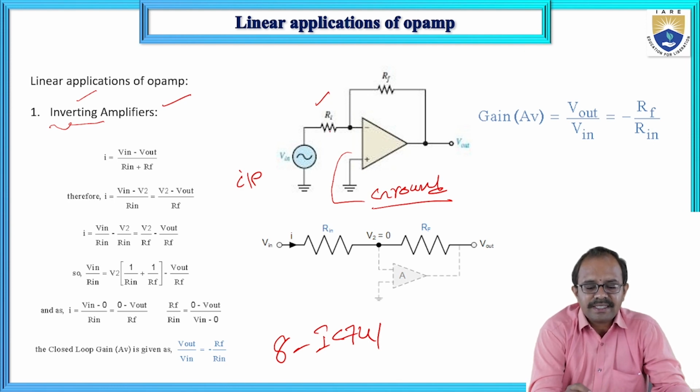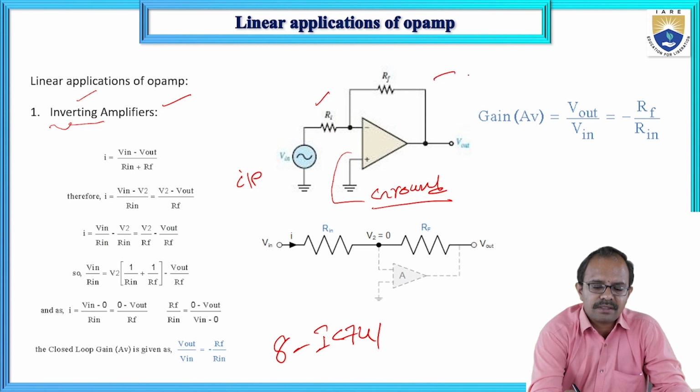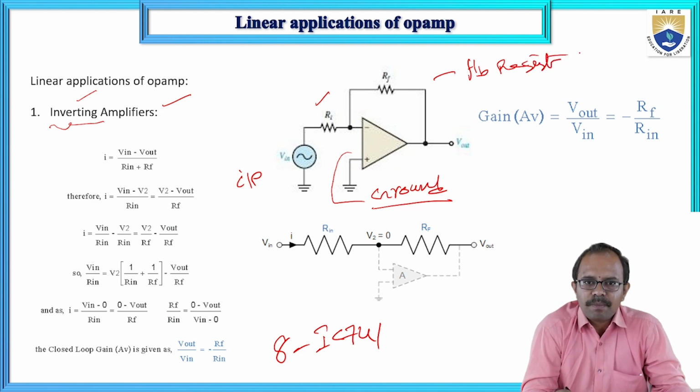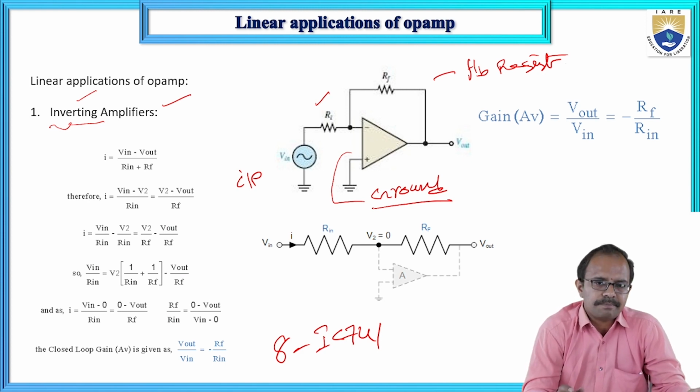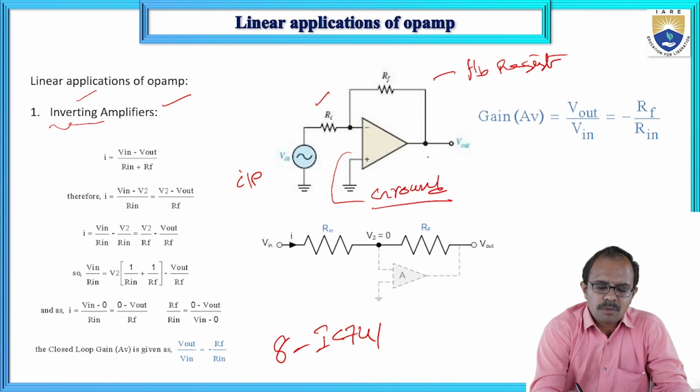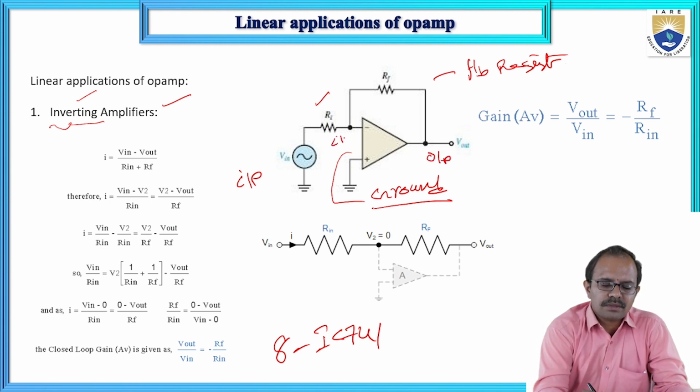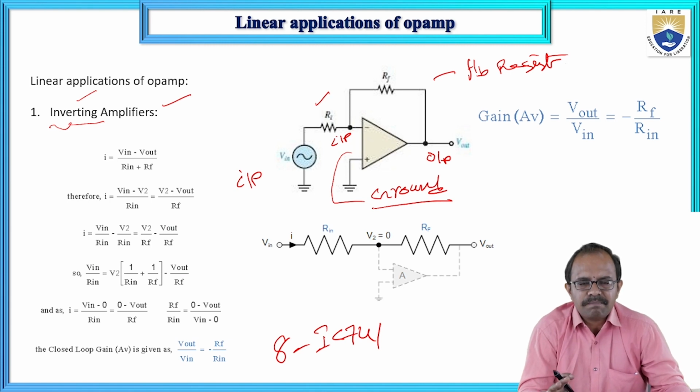And then there is a feedback resistance. This is called a feedback resistance. What is the value there? It is RF, which is connected between the output and input, right? So this is a very simple circuit.